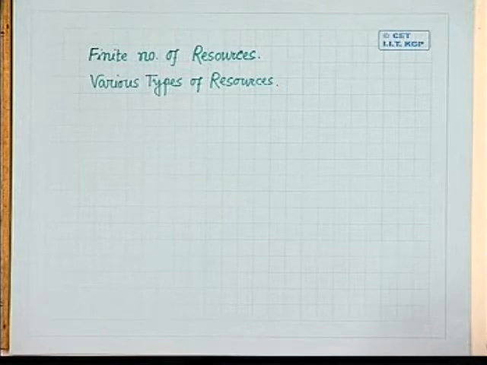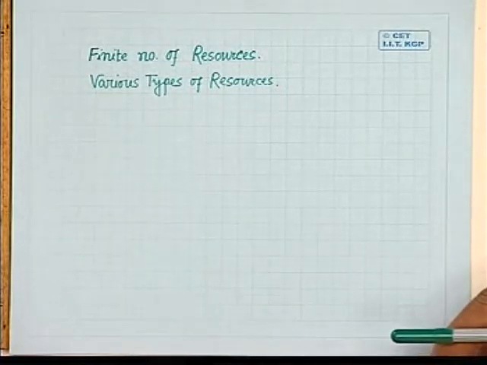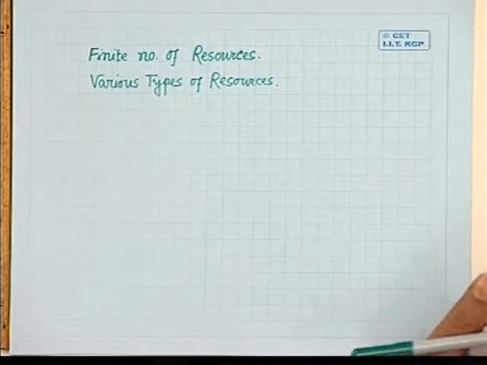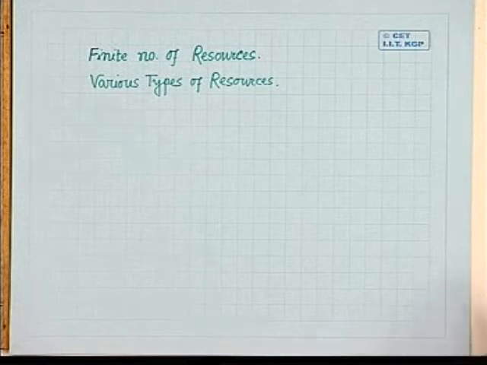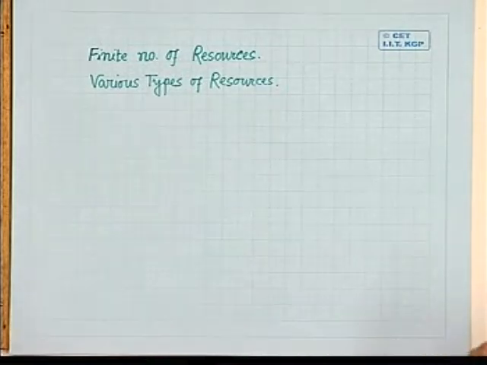Okay. And when I say that a resource type contains a number of identical resources, if a process requests an instance of a resource type, out of those 5 or 6 instances, allocation of any instance will meet the requirement of the process. Okay. So if a process wants to take some printout, out of the 5 printers that are available in the system, any of the printers, if allocated to the process, will meet the requirement of the process.